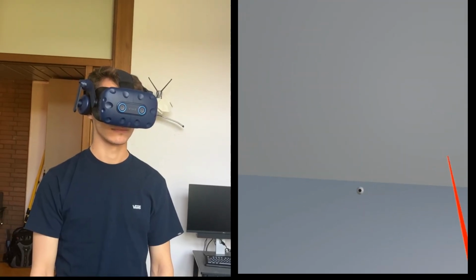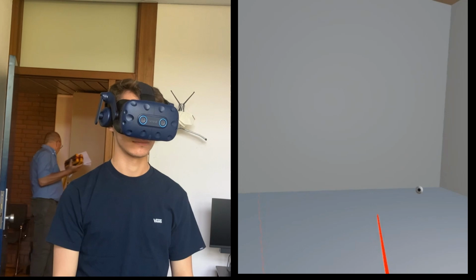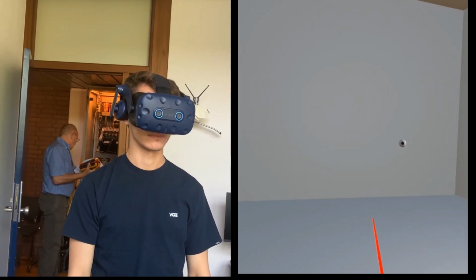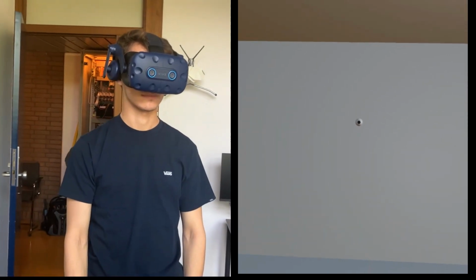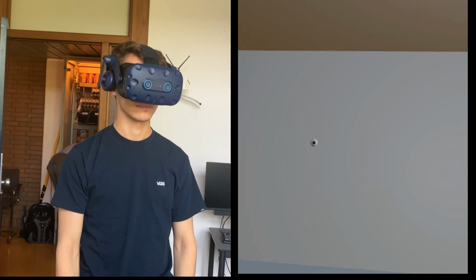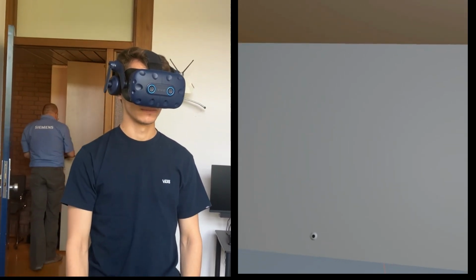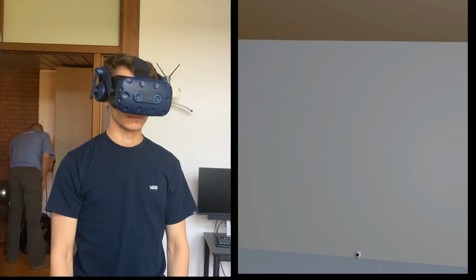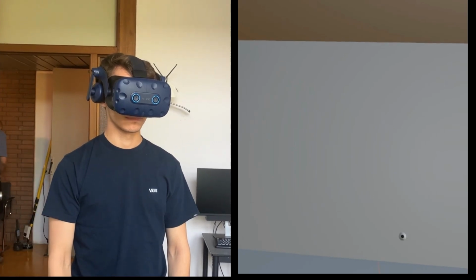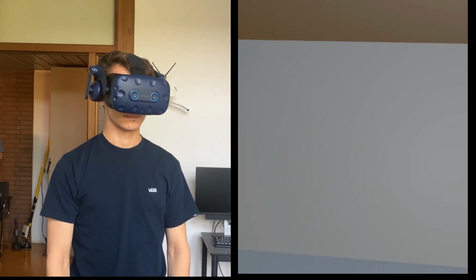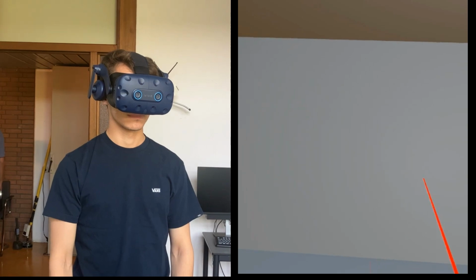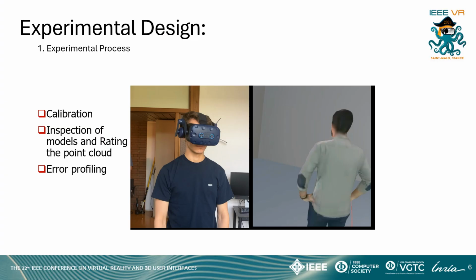Your only task is to watch the point cloud, and then you go to the next eye profiling step to give you more accurate data. After this, you can switch to the next point cloud. So the only difference is with the perceptual quality assessment task or without.